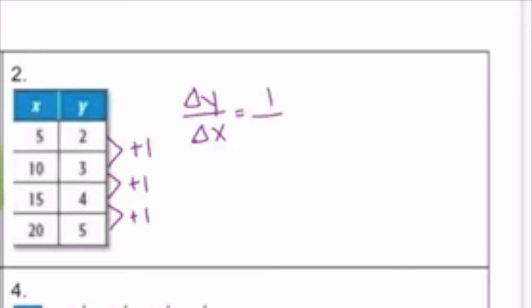From 5 to 10, that's +5. 10 to 15 is plus 5, and 15 to 20 is plus 5. So our change in x is positive 5. Since these values changed constantly, that makes this a linear function.